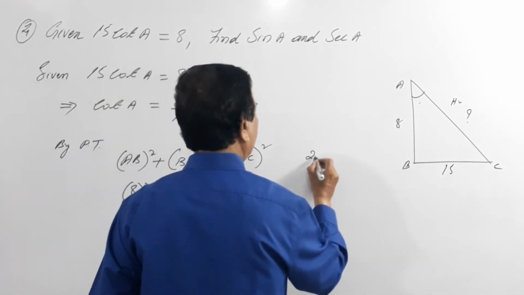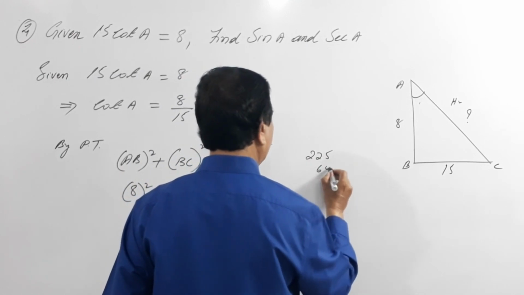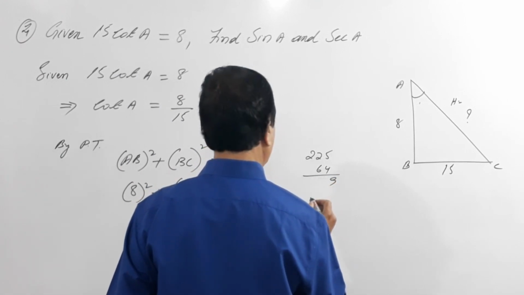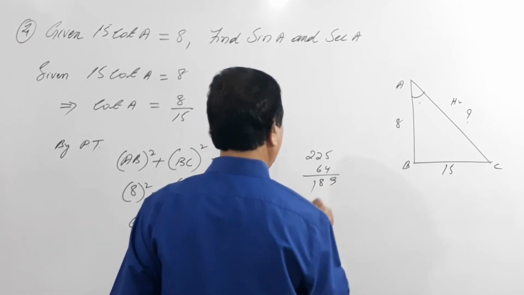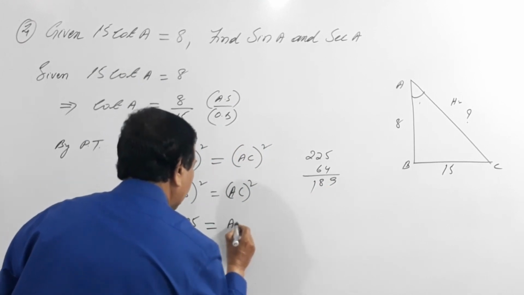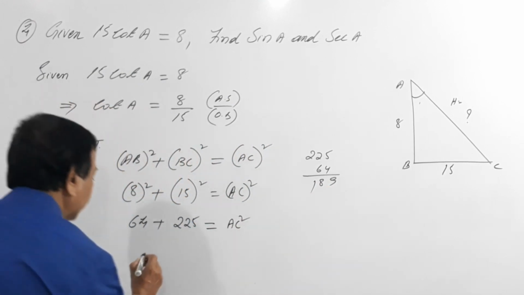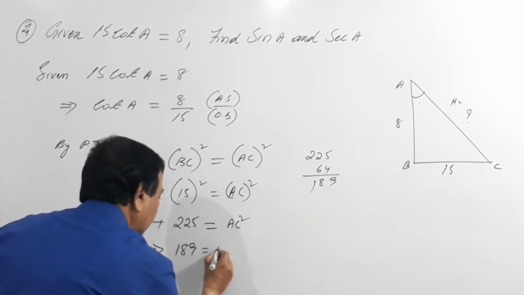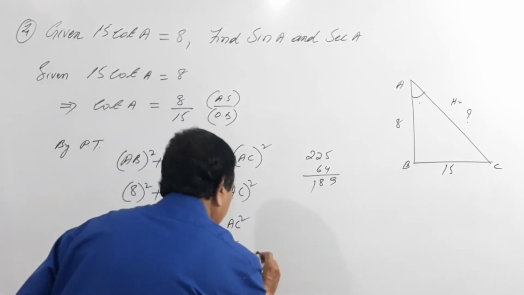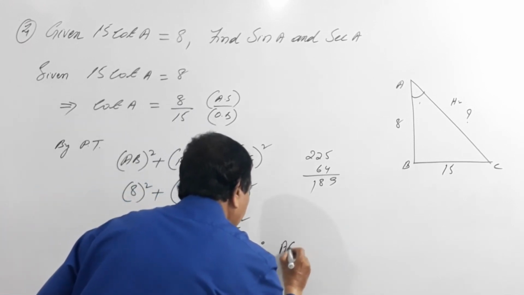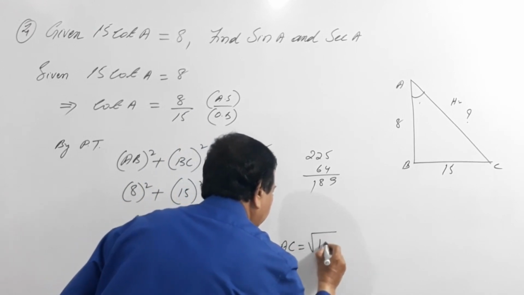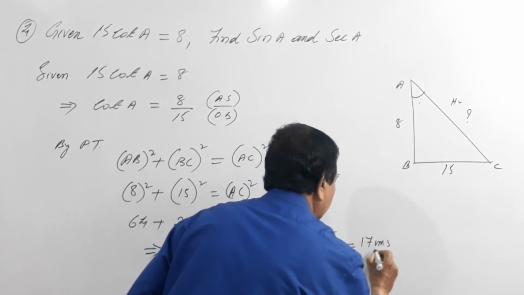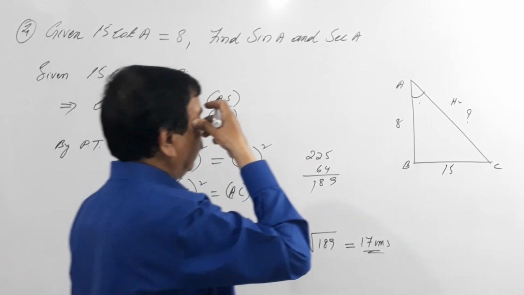So 225 plus 64, 9, 81, so equals to AC square. So this becomes your 189 equals to AC square. Therefore AC equals to square root of 189, this is nothing but 17 centimeters.